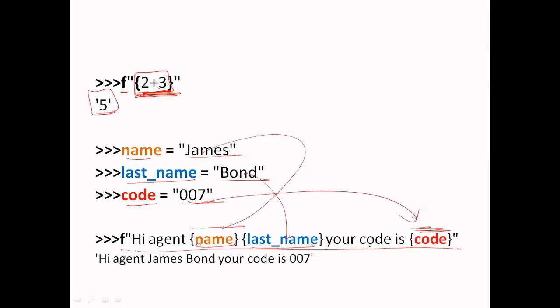Basically you just have to be careful: you have to provide the variable inside curly braces, otherwise it will not be treated as a replacement string. Like in this case, this code is not replaced with 007 because it is not written inside curly braces. If I write this also inside curly braces, this will also be replaced with the value 007.